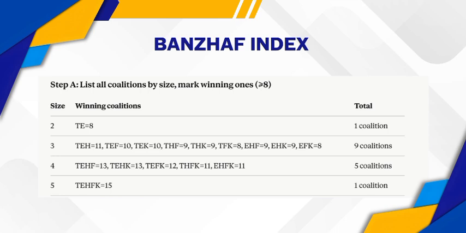With 5 faculties, there are 32 possible combinations in total, and once we sorted them by size, we found 16 coalitions that actually won.